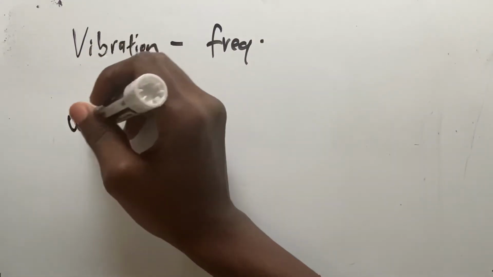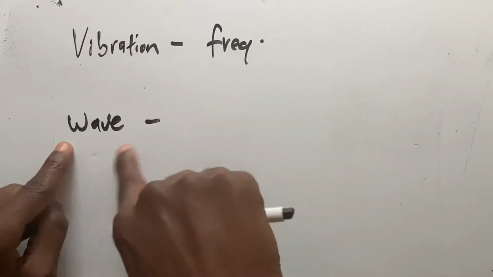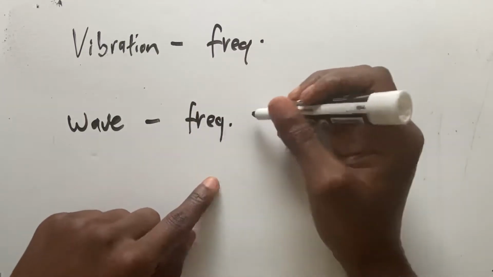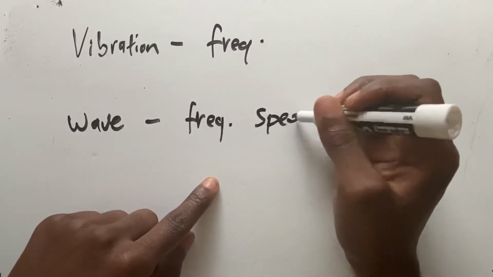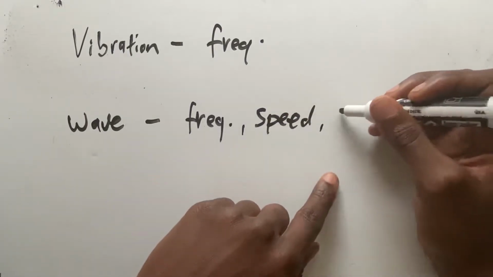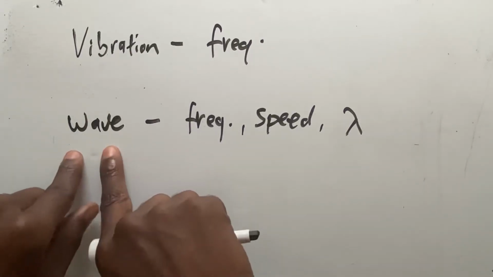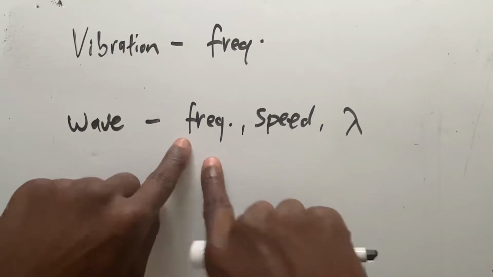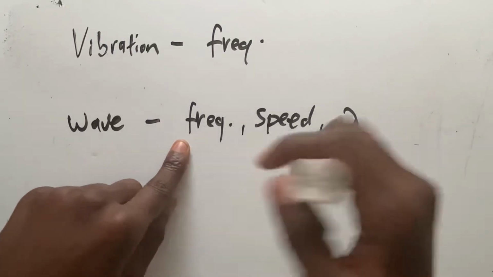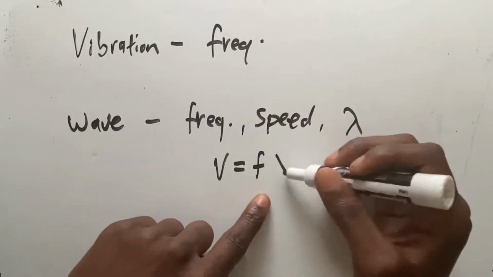But a wave, which is a wiggle in space and time, is described with frequency, speed, because it has some wave speed, and what else? Wavelength. I'll use lambda. So a wave is described by its frequency, its speed, and its wavelength. And we know the relationship between those is just v, which is the speed, equals frequency times wavelength.